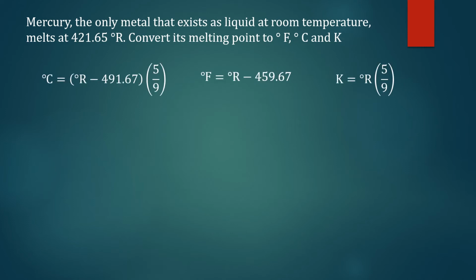Degree Celsius is equal to degree Rankine, subtracted by 491.67, then multiplied by 5 over 9. The degree Fahrenheit is equivalent to degree Rankine, subtracted by 459.67, and the Kelvin is the degree Rankine multiplied by 5 over 9.